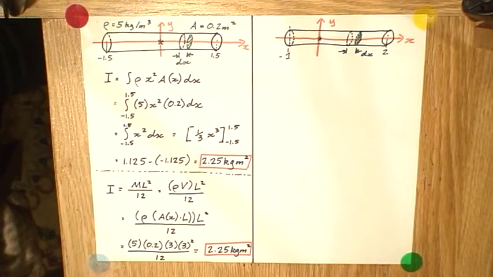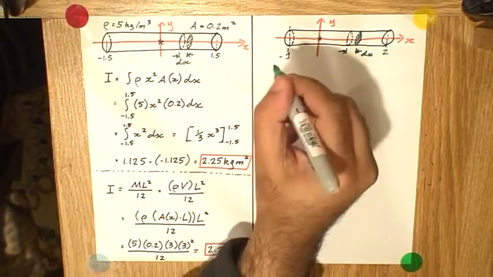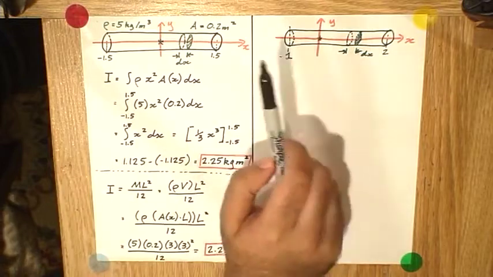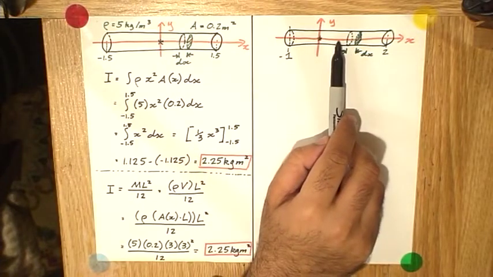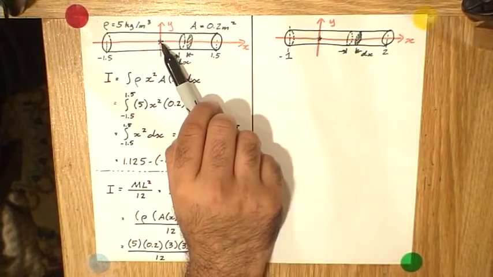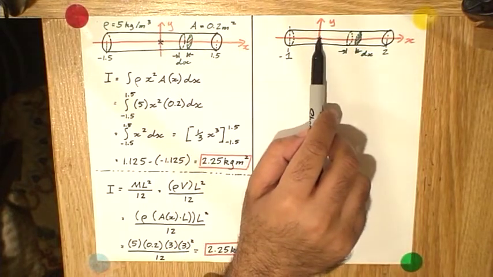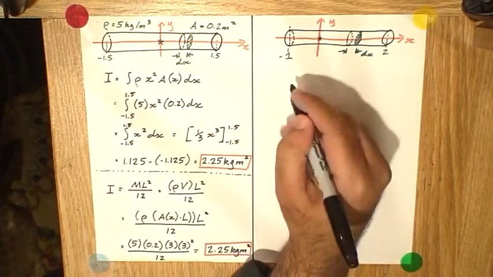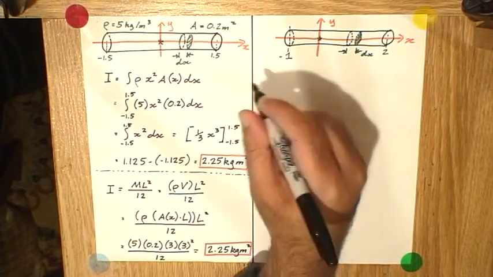One thing I will say is that there is no formula given in your book that corresponds to a rod which is rotating at a point slightly left of center. You have one for rotating around the center of mass. There isn't one for one which is rotating halfway down or a third of the way down, as we are in this case. So let us now start setting it up in the same way as before.